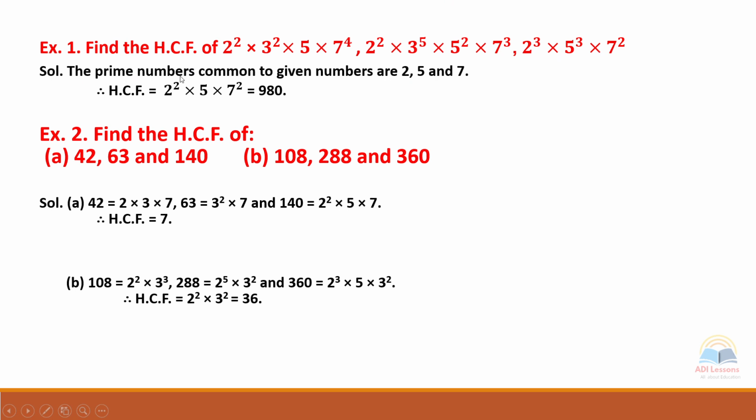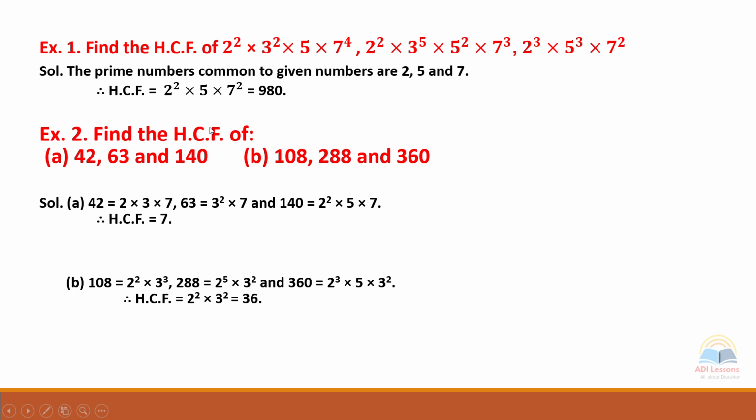The prime numbers common to given numbers are 2, 5 and 7. So HCF is equal to 2 square into 5 into 7 square. So here HCF is the product of the least powers of the common factors. 2 square is the least power, 5 is common with the least power, and 7 square is also common and the least power. So HCF is equal to 2 square into 5 into 7 square, equal to 980.